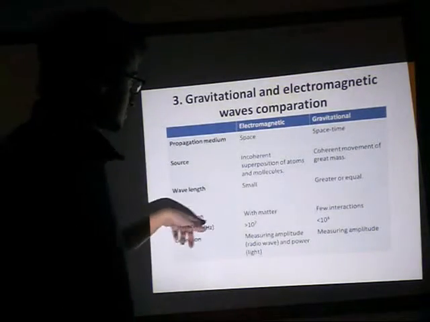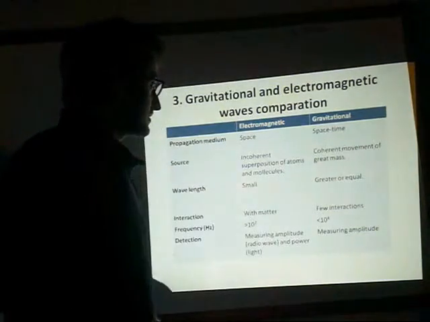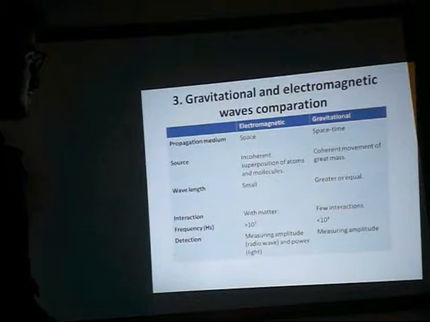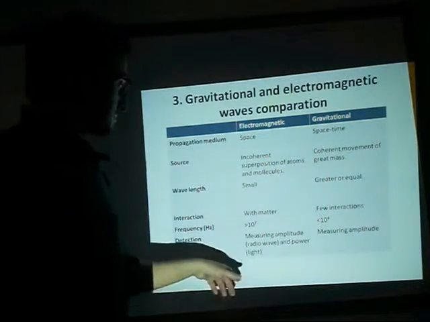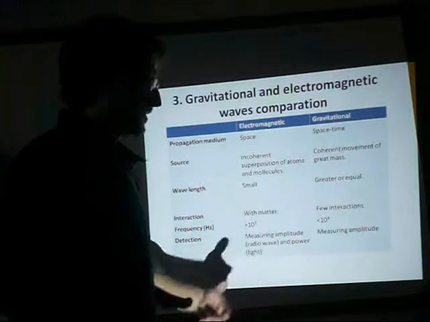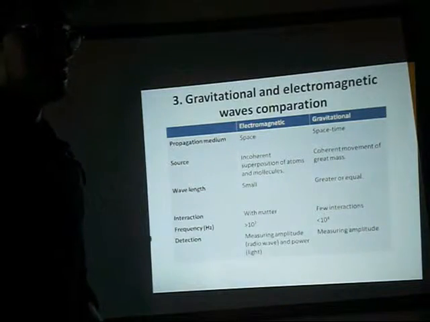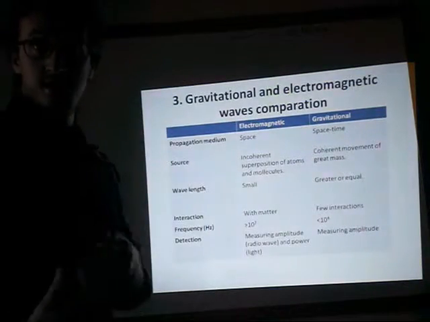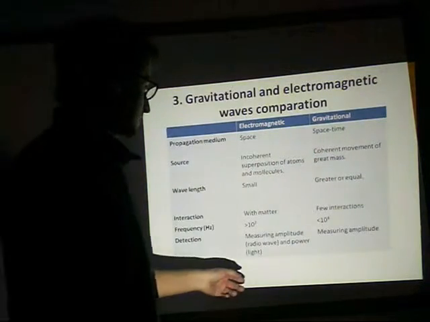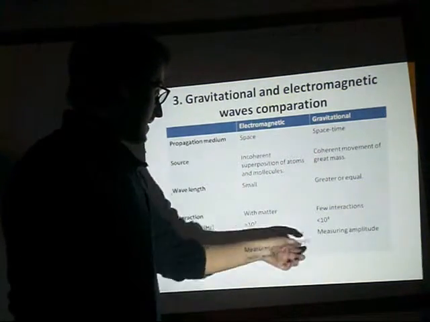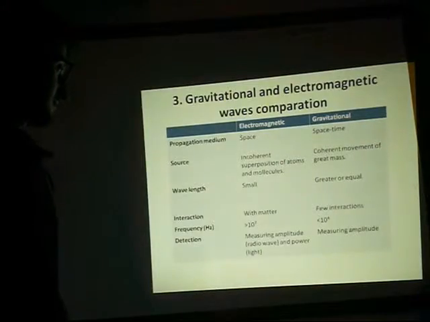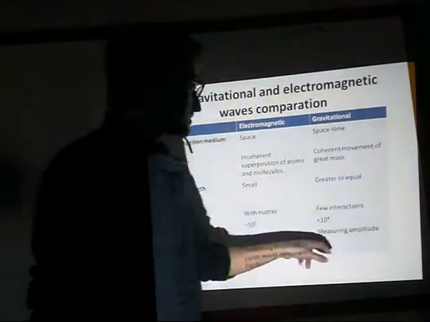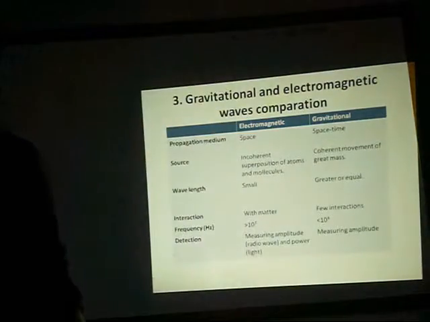The detection forms are also different. In the case of light, electromagnetic waves with small wavelength, we detect them with the power of the light. For gravitational waves, we always measure the amplitude.